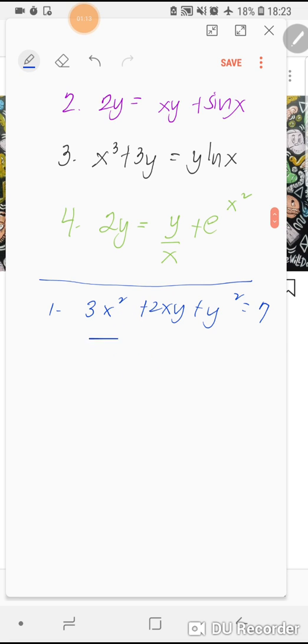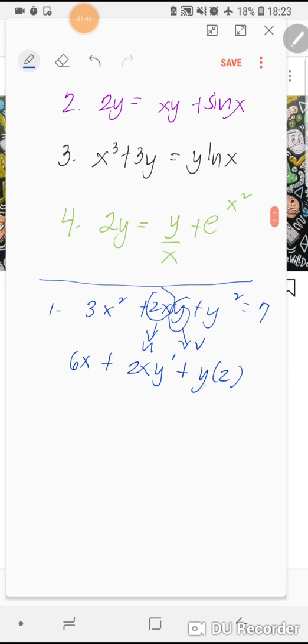So we know 3 times 2, just by the chain rule, 6x plus, let's choose a color, so this would be your u and this would be your v. We can have it with u dv plus v du, so 2x times the derivative of y, which would be y prime, plus y times the derivative of 2x, which would be 2, and then the derivative of y squared, 2y y prime, equal to 0.